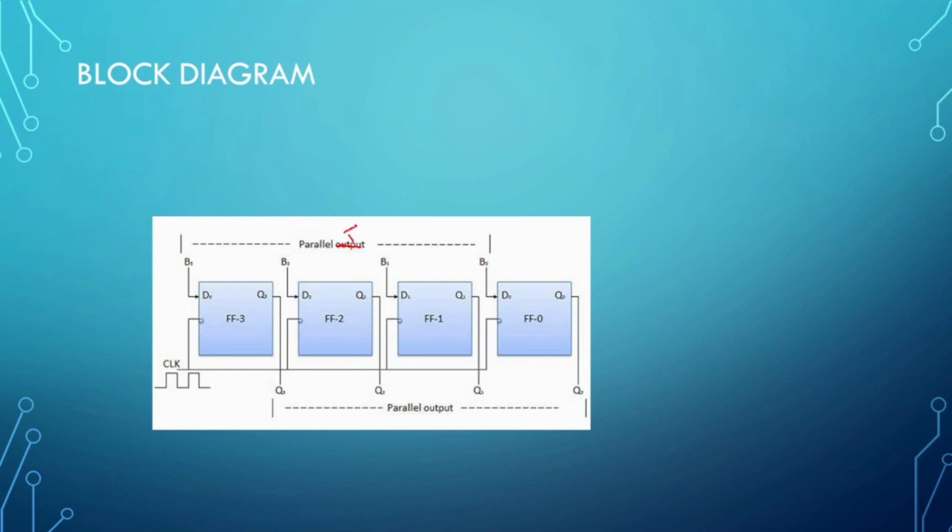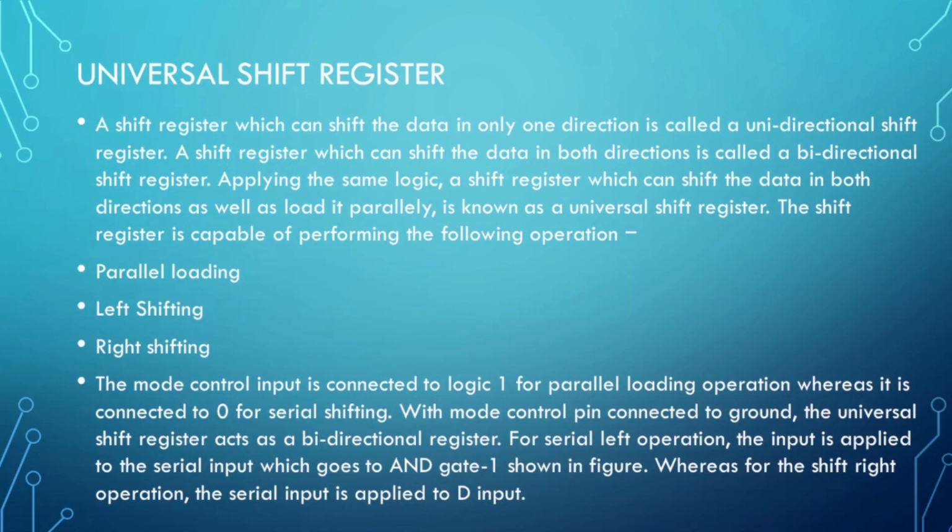B0, B1, B2 and B3 are given as the parallel input, and Q3, Q2, Q1 and Q0 are the parallel output of this parallel in parallel out shift register, and the same operation procedure is followed in this shift register.